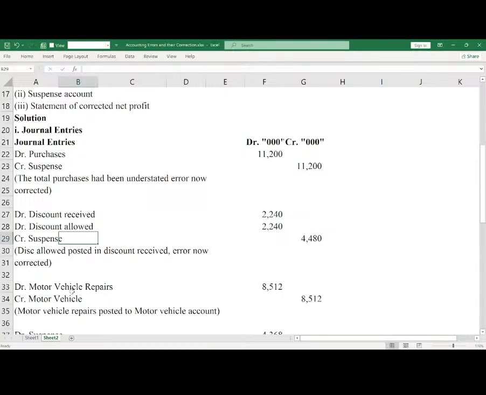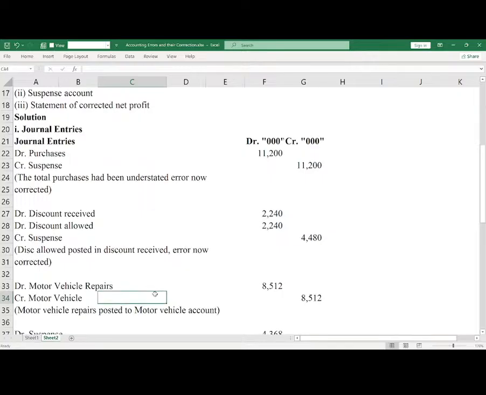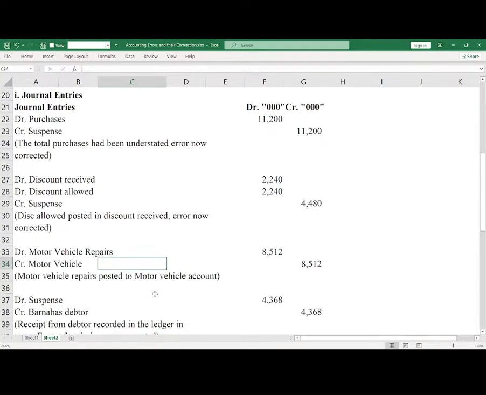So we are going to debit the expense, repairs, which were 8,512. Then we credit the motor vehicle account with the same amount. So we have corrected them. We debit the expense and then we credit the other account, motor vehicle.